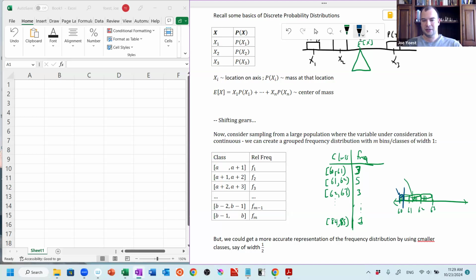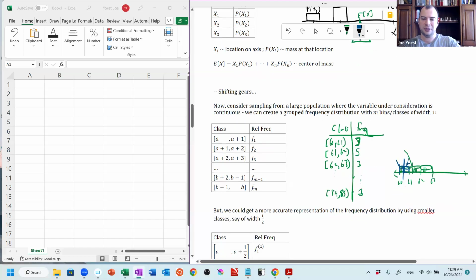It's a little smaller. And some of them will fall in our 60 and a half to 61 range in our new refined right bin that's smaller. So when I split each bin up, some of my outcomes in that bin will go into the left split bin, and some into the right split.